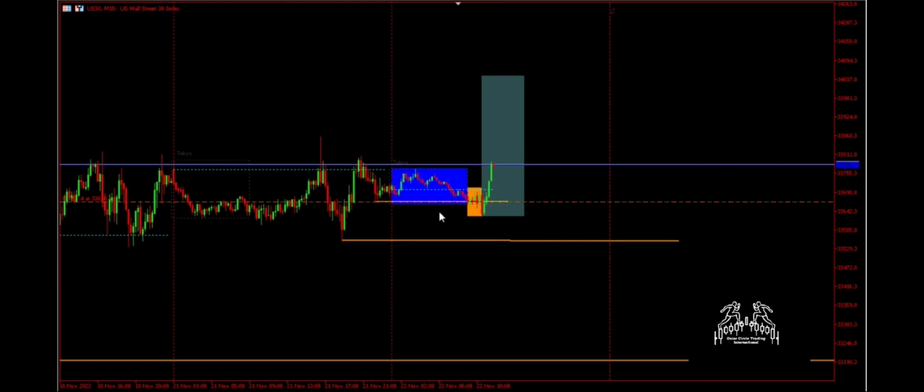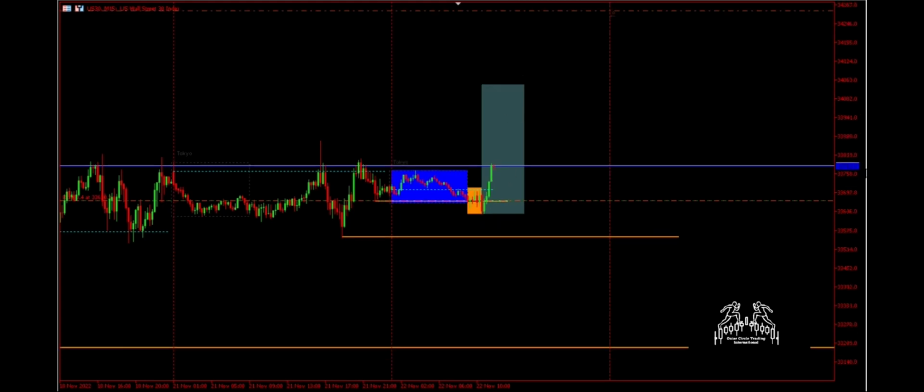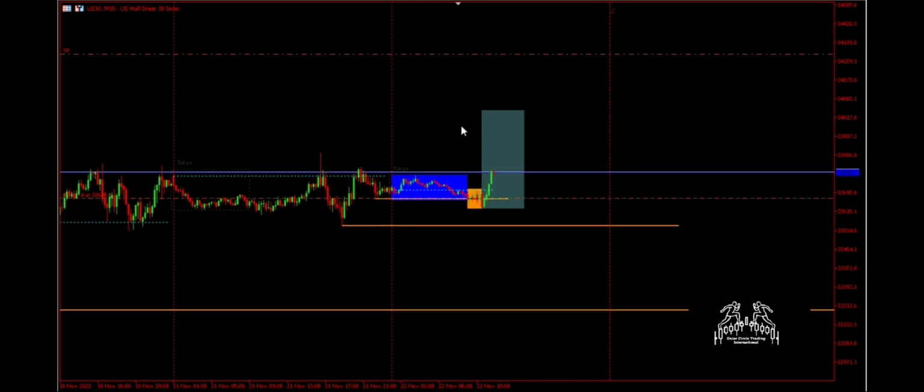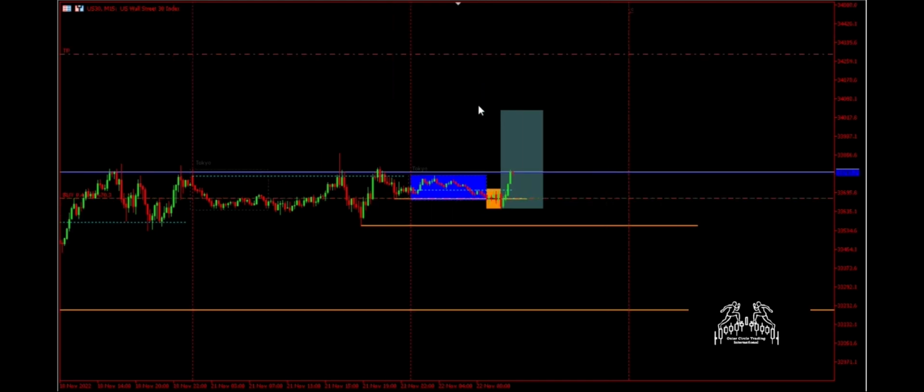So it came and cleared the liquidity below, the sell stops below the Asian low, and price got held on this bullish order block here and expanded to the upside. If it expands to the upside, then the New York session will form the high of the day. The New York session will form the high of the day.